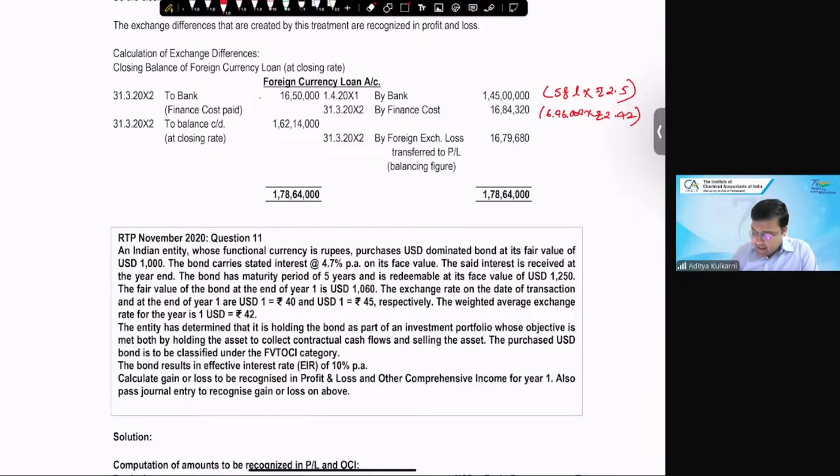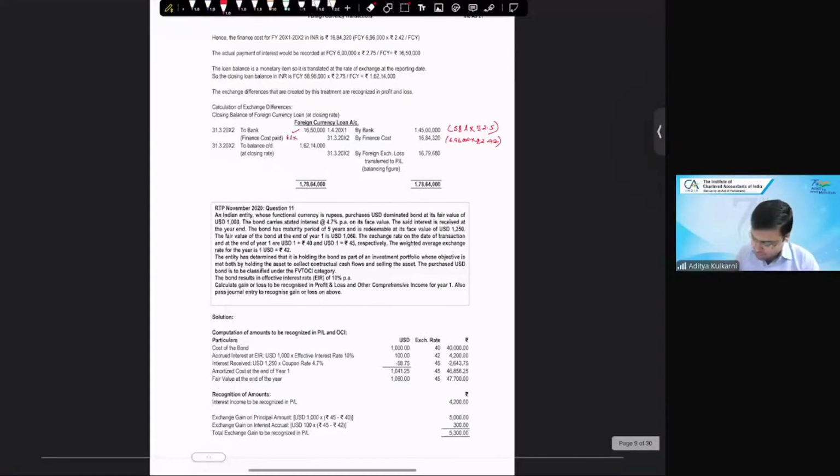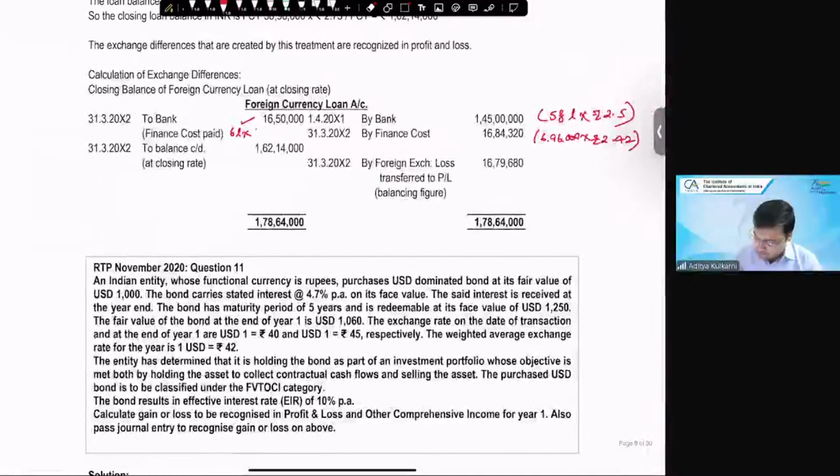And then we have the payment of interest. This happens at the end of the financial year, payment of coupon. So this will be 6 lakhs into my 31st March rate, 2.75. Is it matching? Yes, sir. And the closing balance is 58.96 lakhs into 2.75. Is it matching?